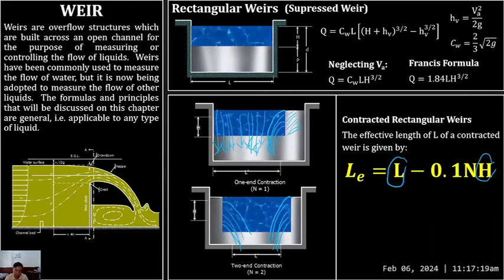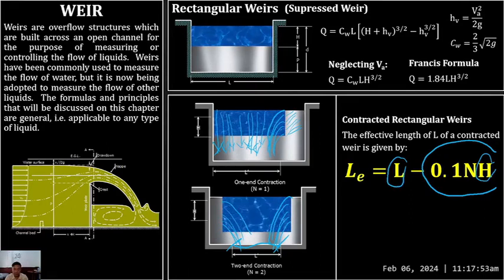So, kaya yung mini-measure natin na effective length is kung ano yung bagong length na nabawas natin after minus natin yung 0.1 n times H. So, itong term na to, it accounts for the changes that happened doon sa width ng tubig after it passes through the contraction.